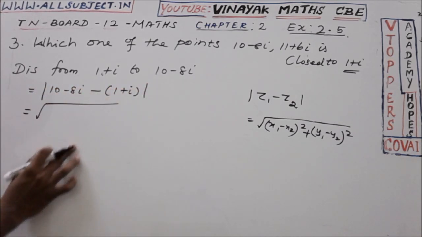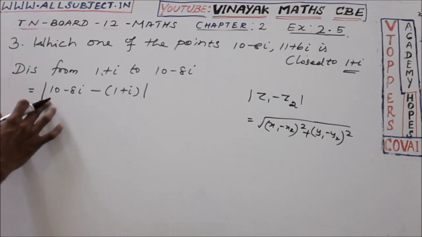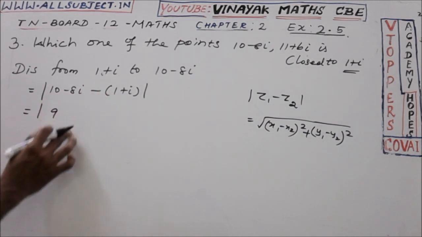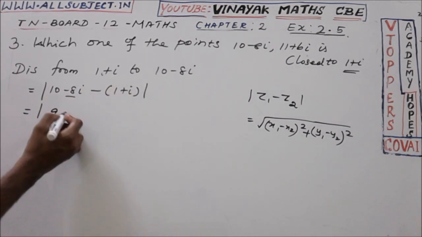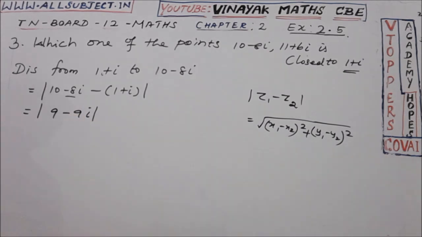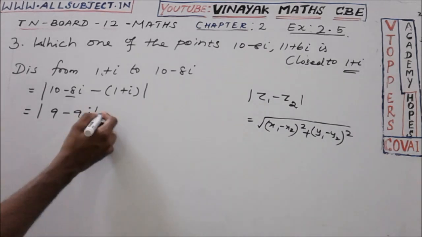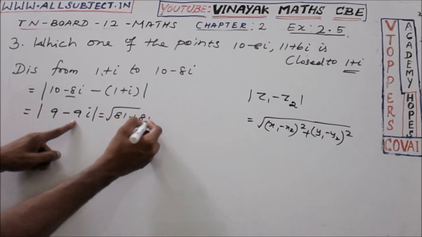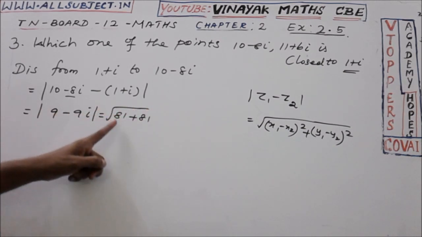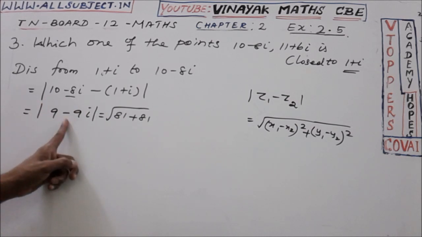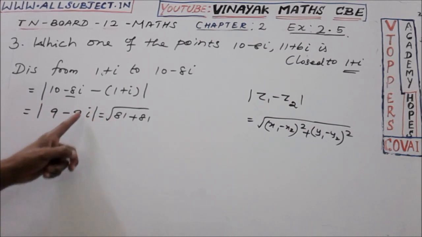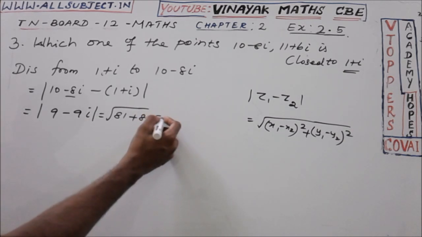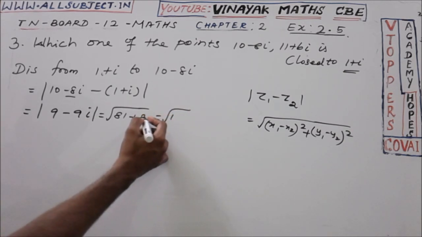You can simplify, then you can apply modulus. 10 minus 1 is 9, minus 8i minus i is minus 9i. Calculating its distance, root of 9 square 81 plus 9 square 81, because it is the square root of the sum of the squares of the real and imaginary parts. Real part 9, 9 square, imaginary part minus 9, square plus 81. Simplifying this, we will get root of 162.